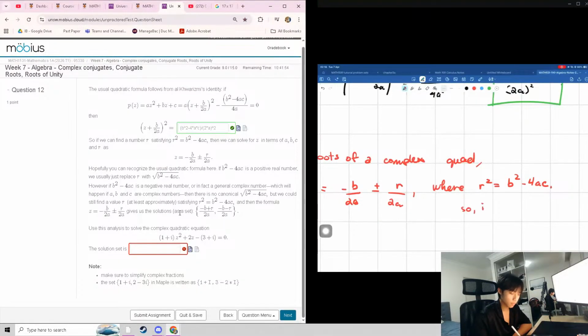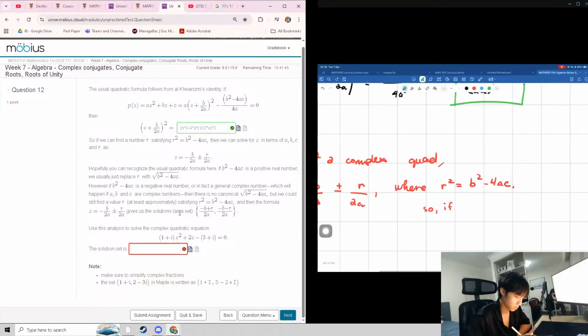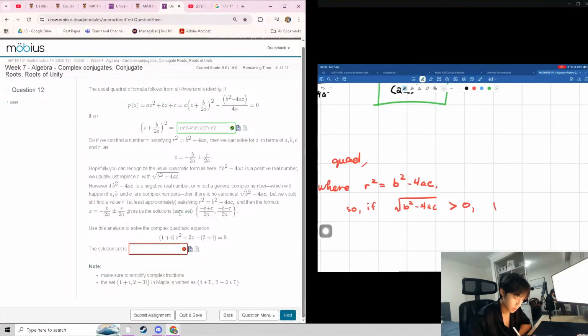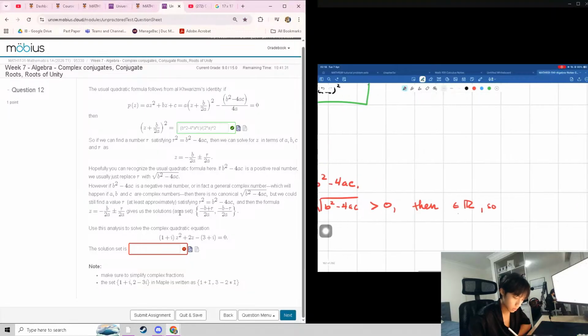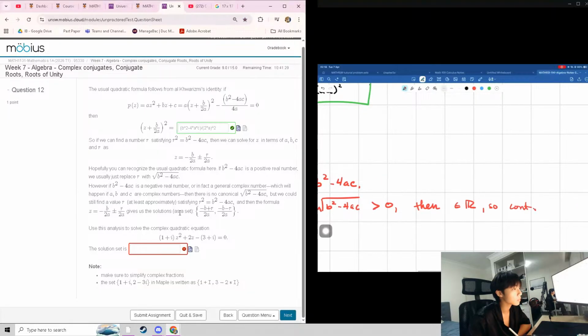So if root b squared minus 4ac is then, so continue.